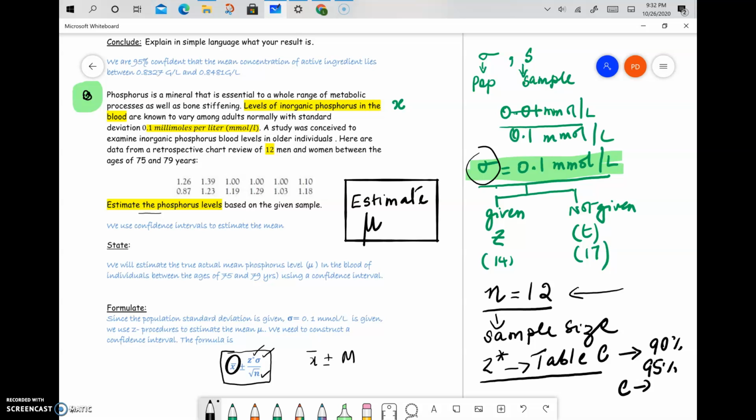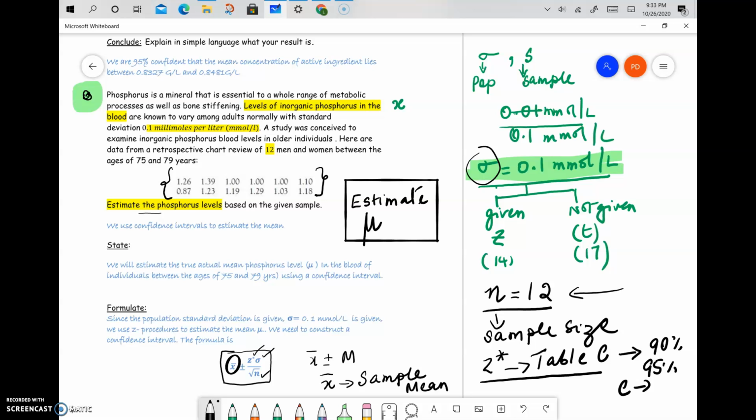What exactly is X bar? As long as you know that X bar is the sample mean or mean of the sample, then you will clearly be able to figure it out using the numbers that are given. Enter these numbers into your calculator, and you should be able to find the sample mean. Mean is the average.